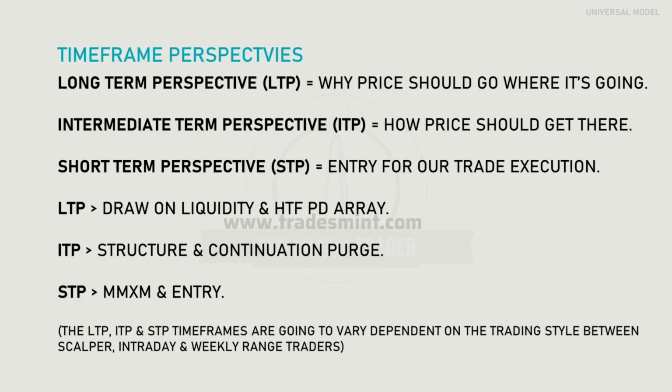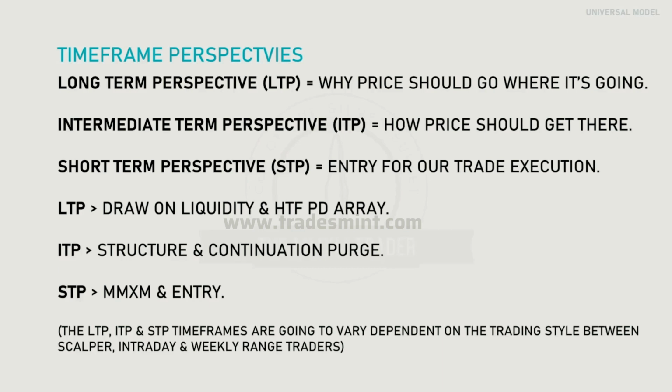And then that short-term perspective, that's our entry and our trade execution idea. So again, long-term perspective: draw on liquidity and higher time frame PD arrays. Intermediate term perspective: structure and continuation purge. And on the short-term perspective, we've got those market maker models and your entry.